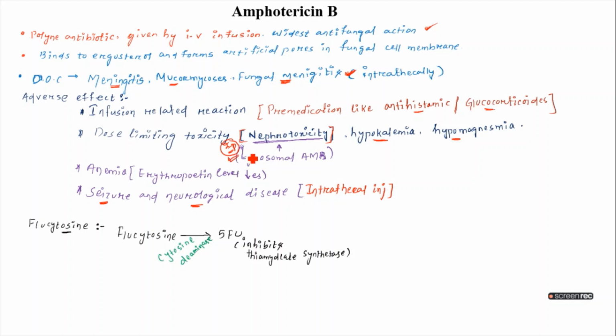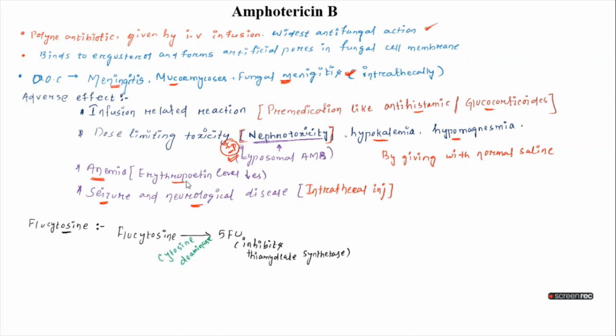One is by formulating liposomal amphotericin B. The other is by giving it with normal saline. If you give it with normal saline, the nephrotoxicity issue will be reduced. Then another issue is anemia, basically due to decreased levels of the hormone erythropoietin.